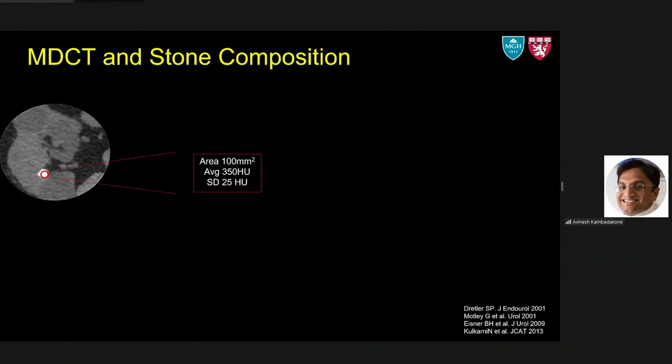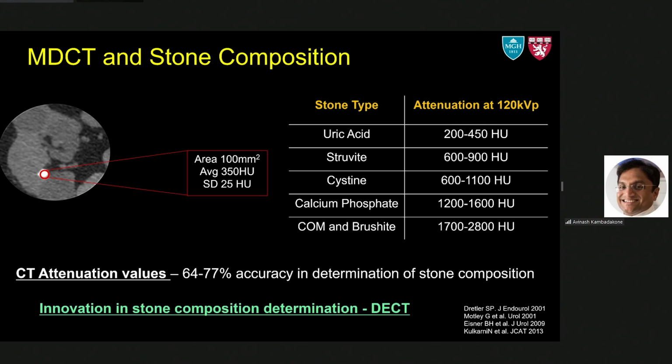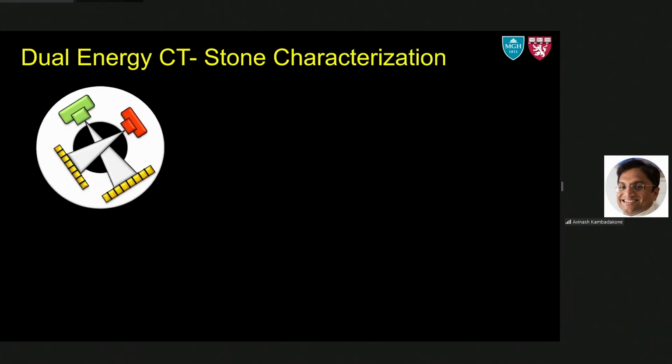Why is this important? Because traditionally, determination of stone composition has been made on determination of stone attenuation, but there's increasing interest on using dual energy CT, as Aaron discussed in his lecture, for determining stone composition.